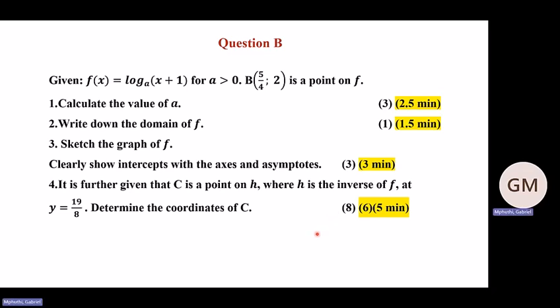Okay, I think you have interacted with this question. I think you have identified what you can do, what you can't do, and noted in your notes what the question is about, so that we can start solving it.